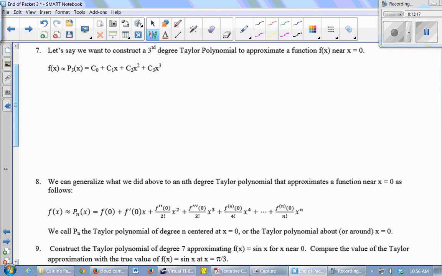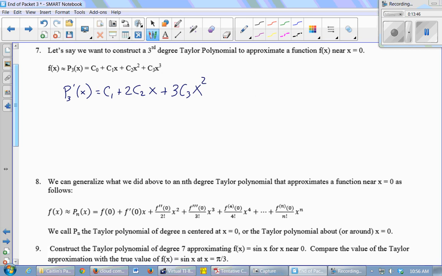I need to force my first 3 derivatives to agree with the function. All right, so I'm going to take 3 derivatives. The first derivative of this function would be c1 plus 2c2x plus 3c3 x squared.